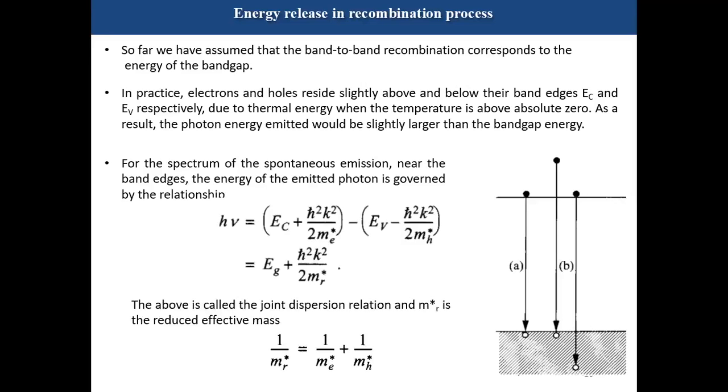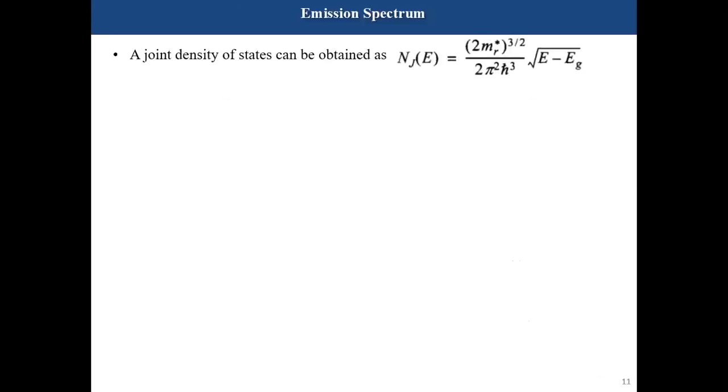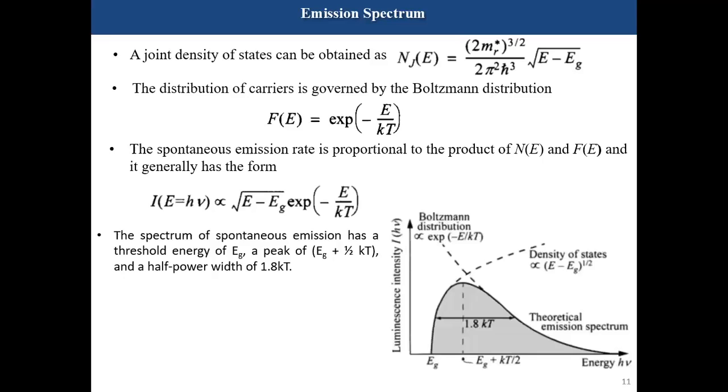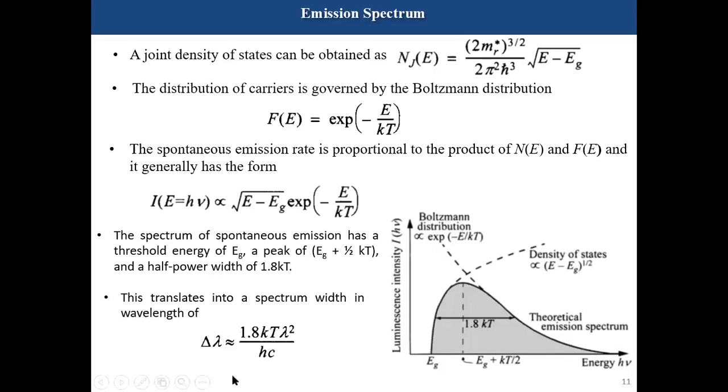In this joint dispersion relation, m star is basically the reduced effective mass. Then if we want to have an idea about the emission spectrum, it basically comes out like this, which translates into a spectrum width in wavelength, this one.